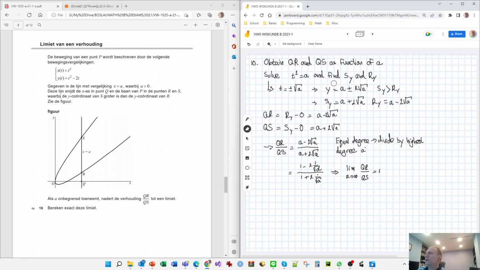So y is a, by substituting it, y is the square root of a squared, which is a, and then minus 2 times the square root of a.